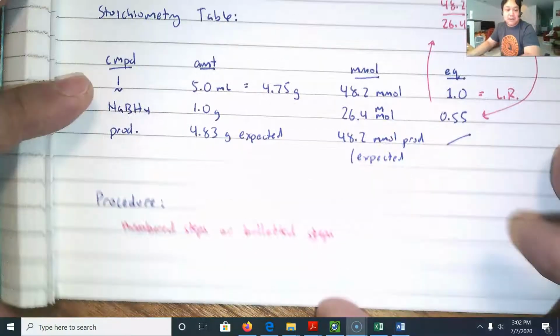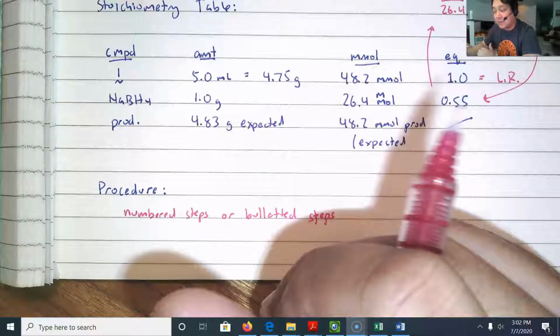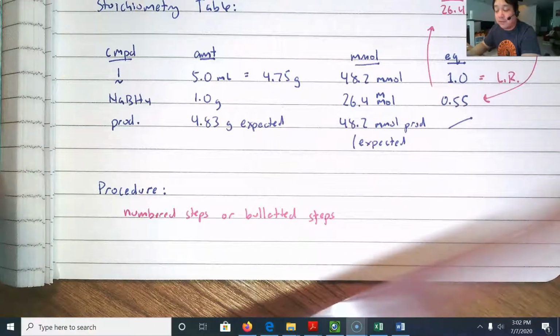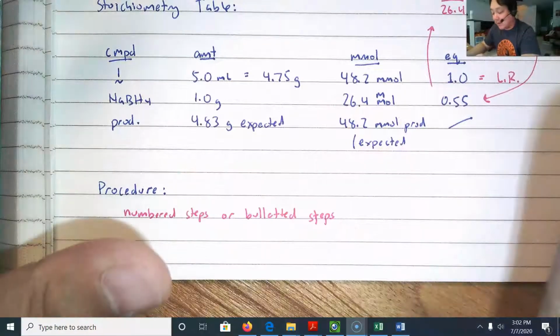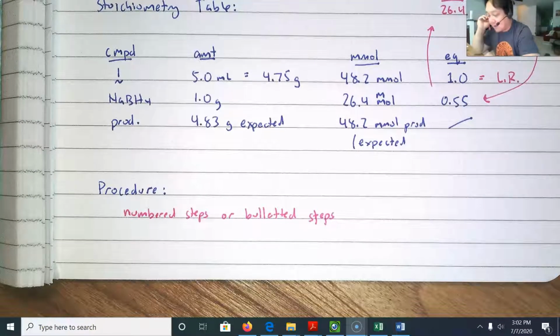Doesn't matter which one you use. All right. When you're done with the procedure, that is what I expect if we were meeting face to face for you to show me before you touch any glassware. Okay. All right. I think that's good.